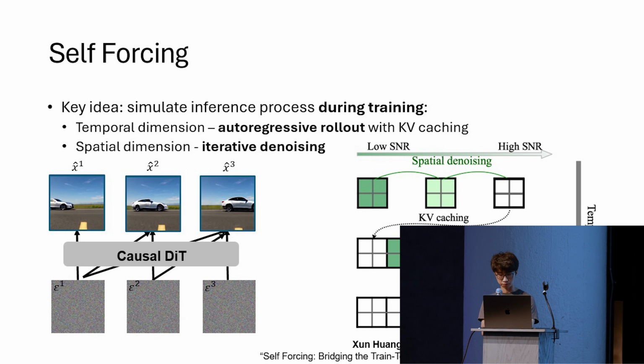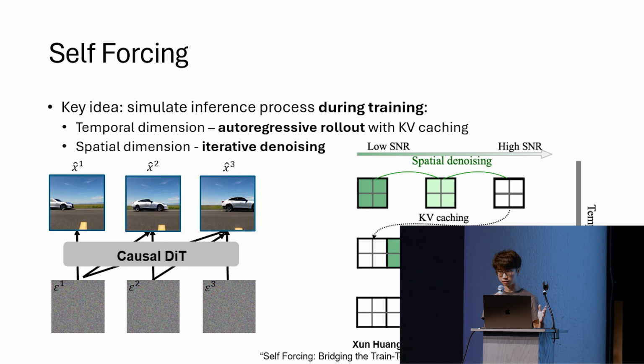So in Self Forcing, we solve this problem by aligning the inference and training behavior. Basically, we just let the model do inference during training. At inference time, we have a temporal dimension autoregressive rollout with KV caching, and for the spatial dimension, we do iterative denoising.